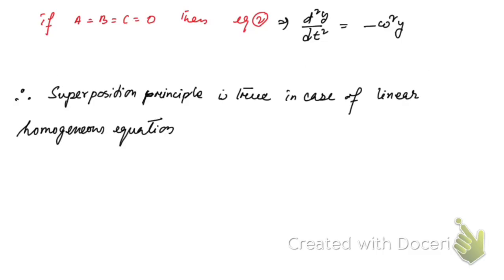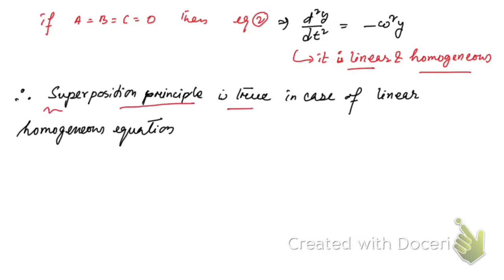Because this equation is linear and homogeneous. Right? Just wait. This is a linear and homogeneous equation. So that's why we can conclude that the superposition principle is true in case of linear and homogeneous equation.